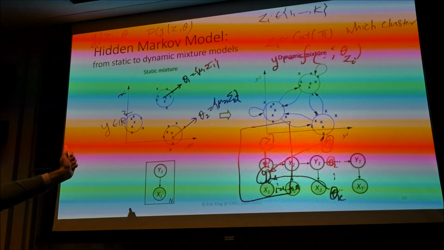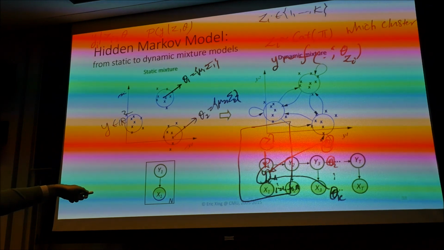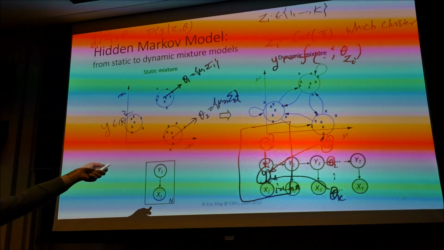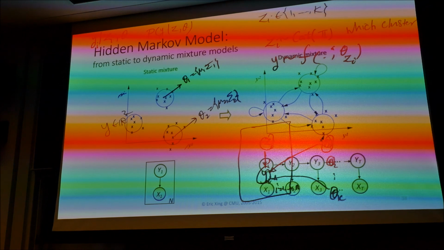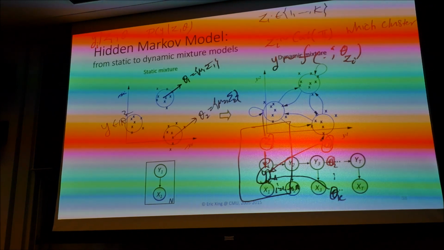Can't you have a chain? Like Z, theta, and Y? Theta is independent of Z. Z is just generated by some pi, right?